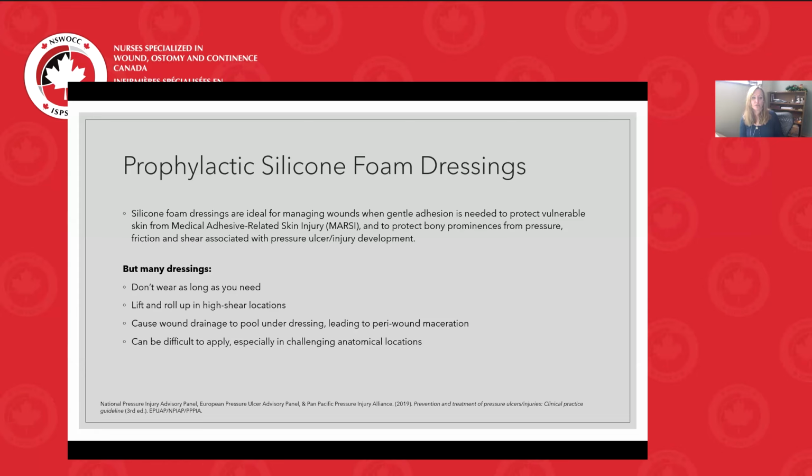It can cause too much drainage or peri-wound skin maceration. They can be difficult to apply, especially in challenging anatomical locations. So we all know that most of our patients don't have a butt that looks like the models that they bring in. Most of our patients are anatomically a little bit more difficult.